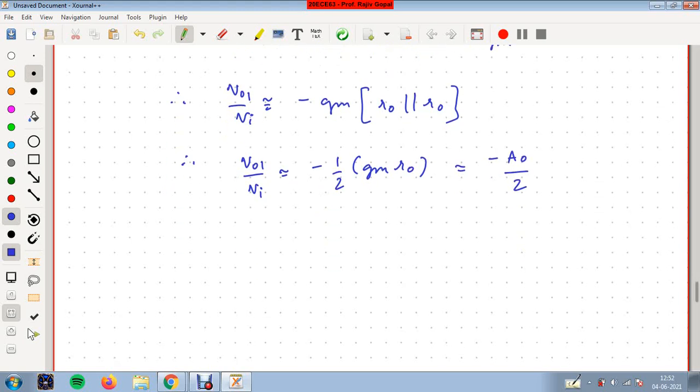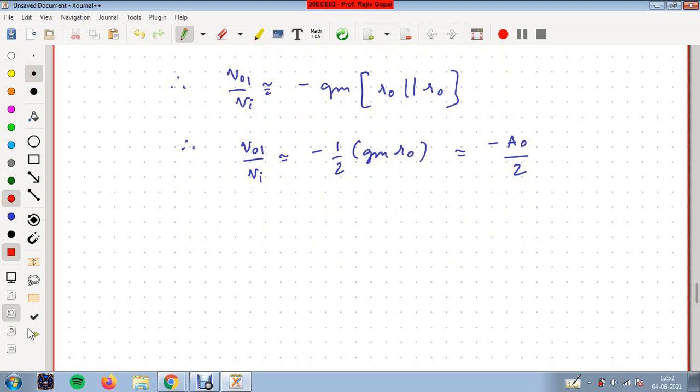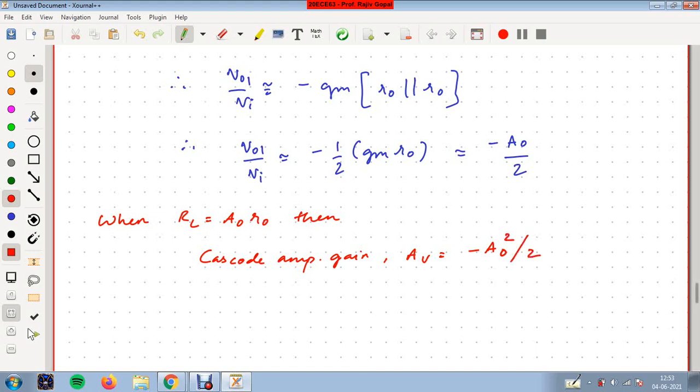So the takeaway here is, when RL is A naught times R naught, the cascode amplifier gain AV is minus A naught square by 2, and V naught 1 by Vi, that is your actual Q1 gain, the common source stage gain, is minus A naught by 2.